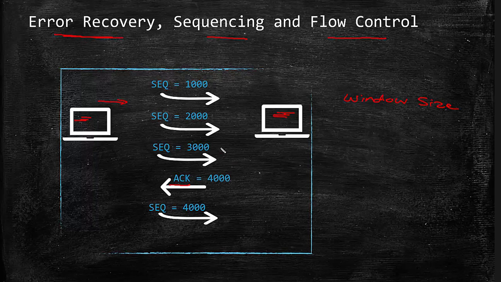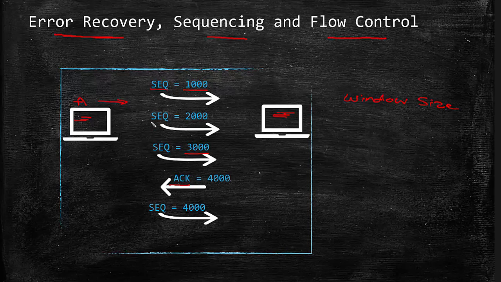So let's assume that the agreement between the two computers is 3000 bytes of data. Computer A, which is the sender, will send the first segment, which is for example 1000, and this value is set in the sequence number field.